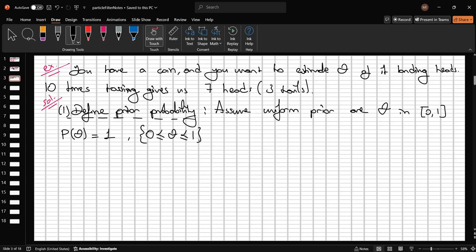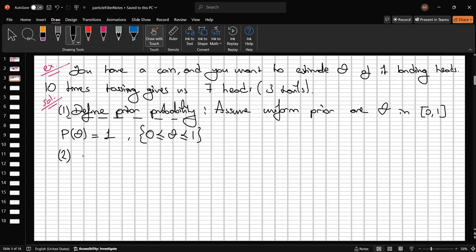This is the coin, and we know there will always be a head and tails, which means we have 100% value for this happening rate in this prior probability. Okay, this is so simple.